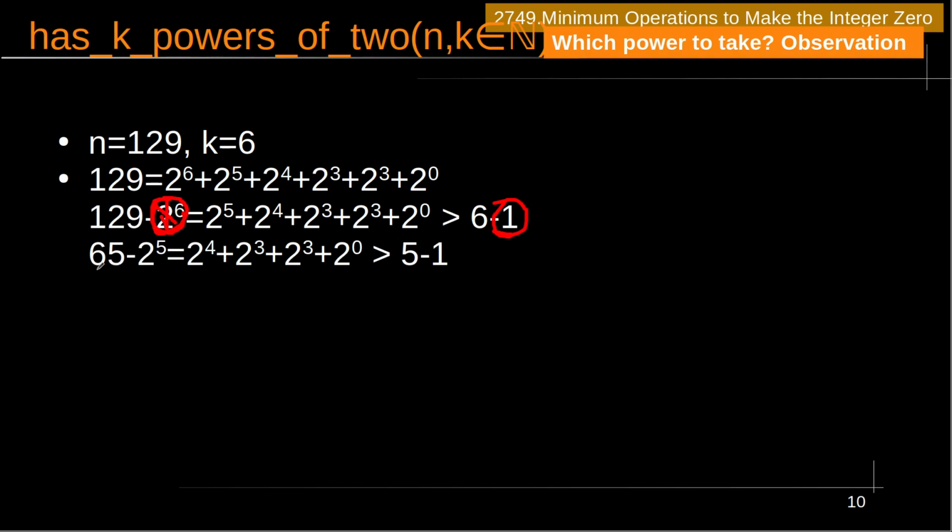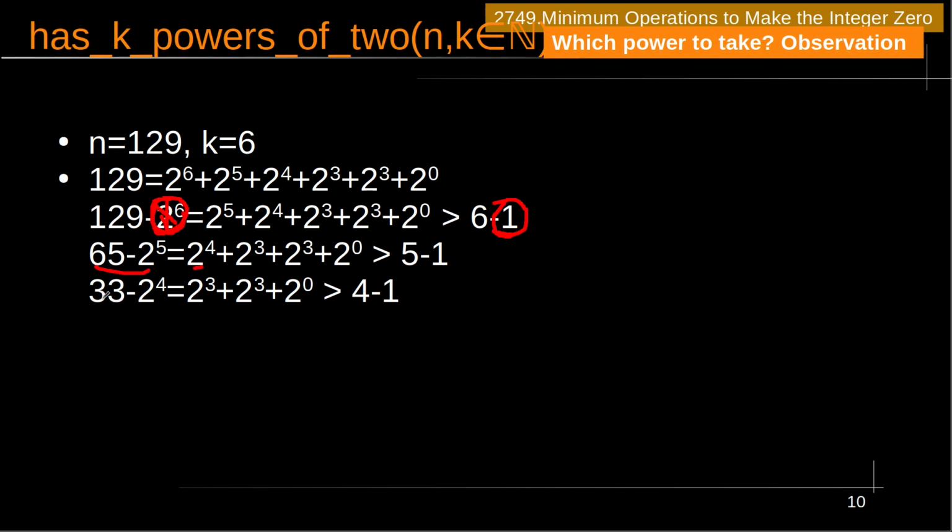So it will leave me with 65 minus 2 power 5. The same observation here: the sum is greater than or equal to 5 minus 1. Okay. So now I will reduce n by 2 power 5. It will give me 33.